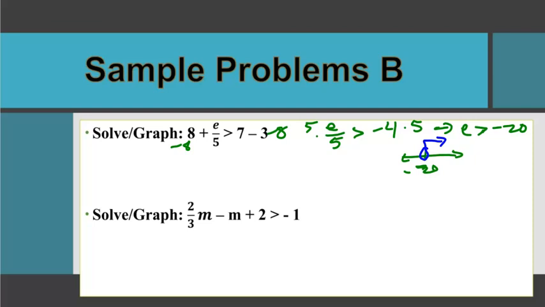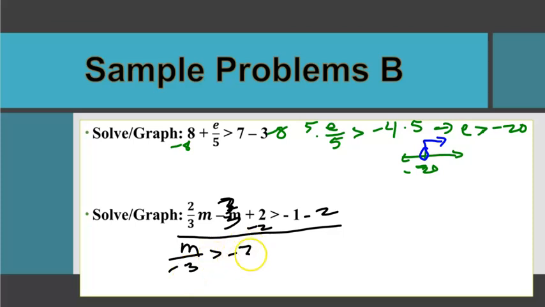Next, here I need to combine like terms. First, I'm going to subtract 2 on both sides. And this right here is 3 over 3m, because 3 divided by 3 is 1. So now I have 2/3 minus 3/3, which is negative 1/3 m. And I'm going to write that as m divided by negative 3 is greater than negative 3.